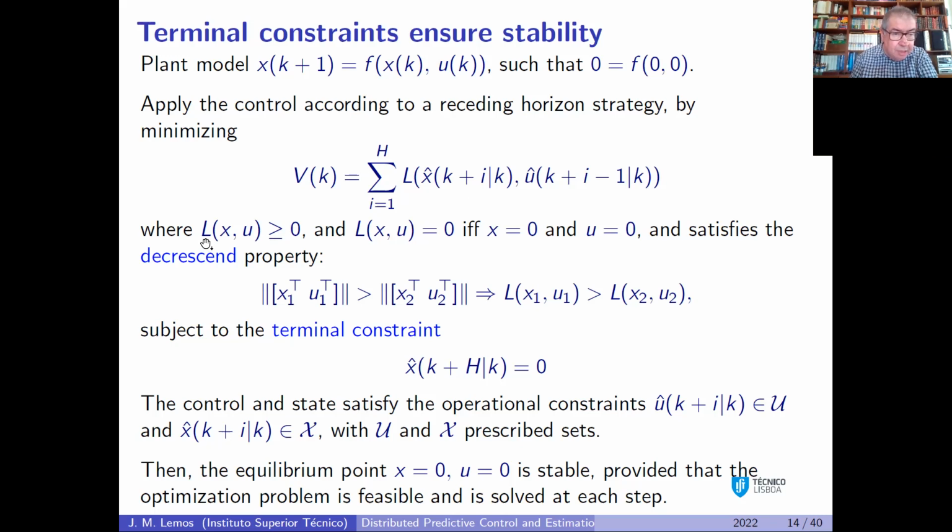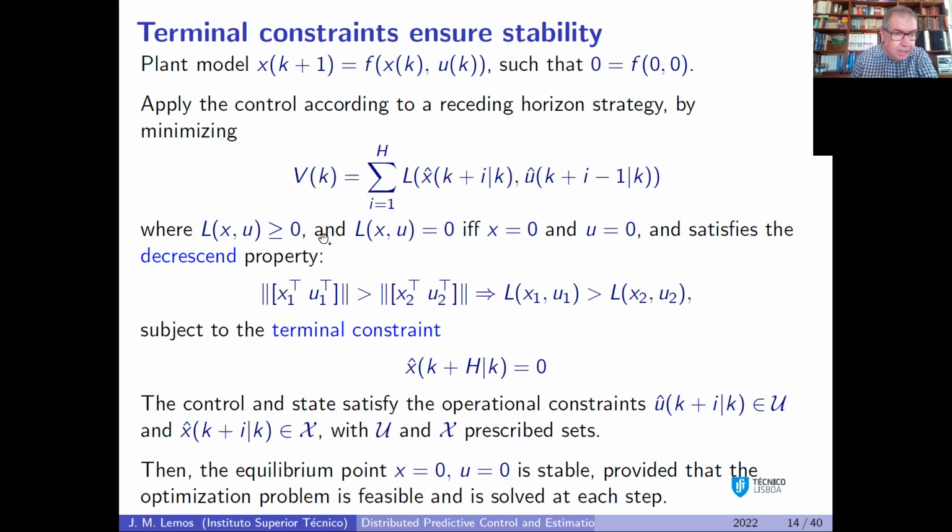It must be bigger or equal to 0, this L. It will be 0 if and only if, this is not a typo, this iff means if and only if. So the L function, L of x and u, vanishes if and only if x equal to 0 and u equal to 0.